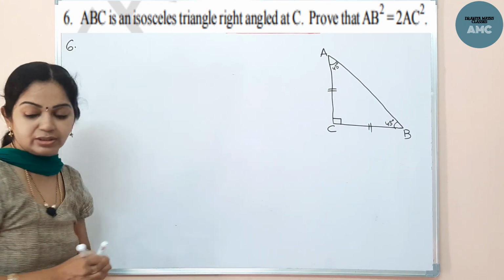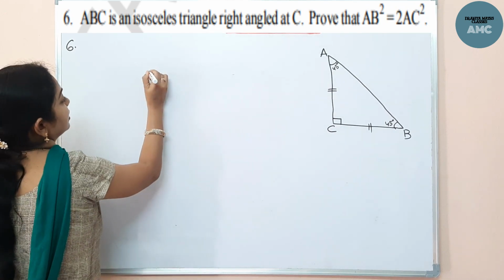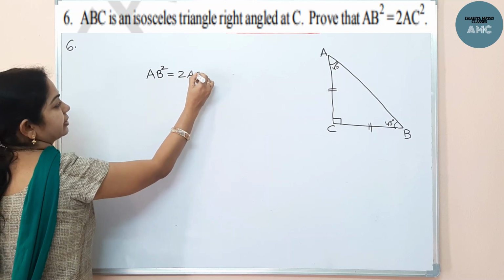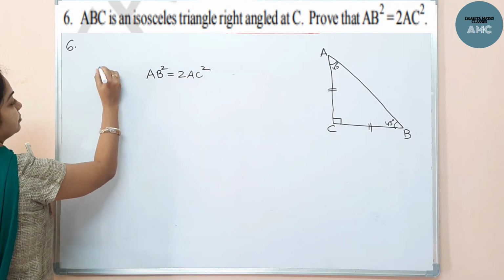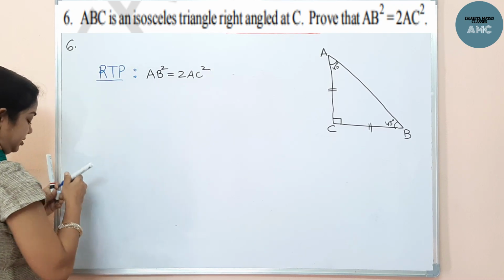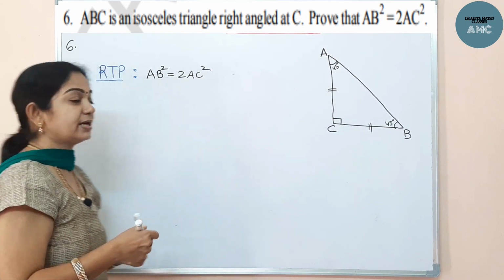Now what we have to prove is that AB square is equal to 2AC square. This is the RTP, required to prove. Now this is very simple because here it is a right angle as well as an isosceles triangle.